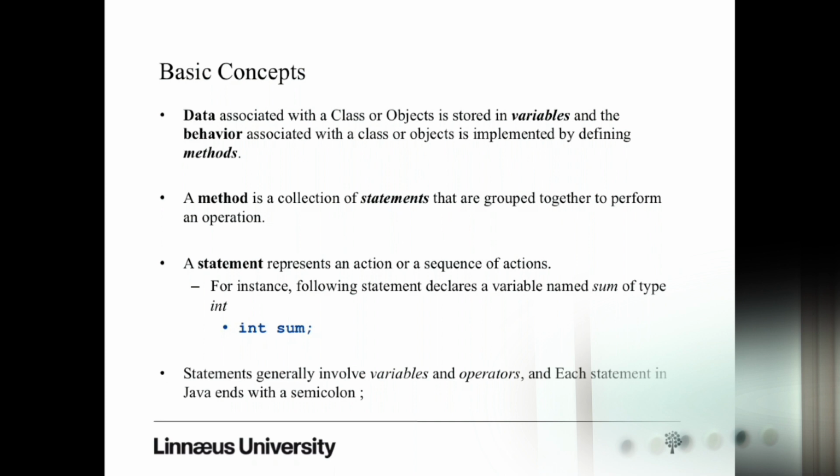So when we are programming in Java, or any other programming language, we need to identify the objects, their attributes and behaviors. We will talk about this in more detail in the next lecture.